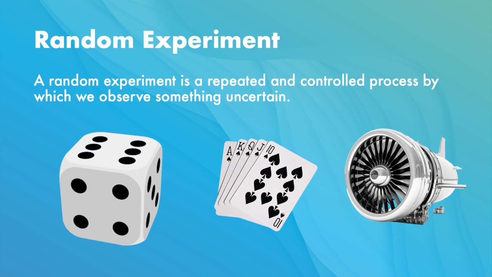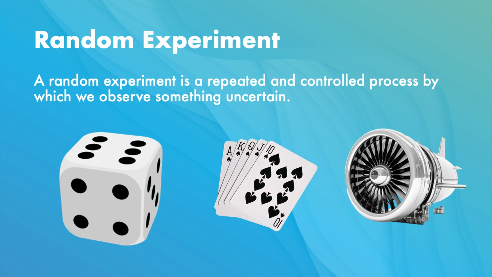And three examples of random experiments are, for example, rolling a dice. This is a textbook example, perhaps the most basic one. When you roll the dice, you don't know what you're gonna get. You just roll it and you see what you get. You can get 1 or you can get 2, whatever, but you don't know the outcome of your experiment.